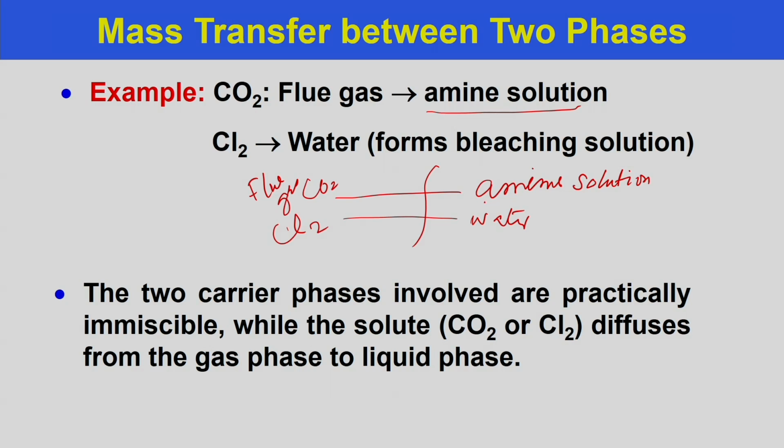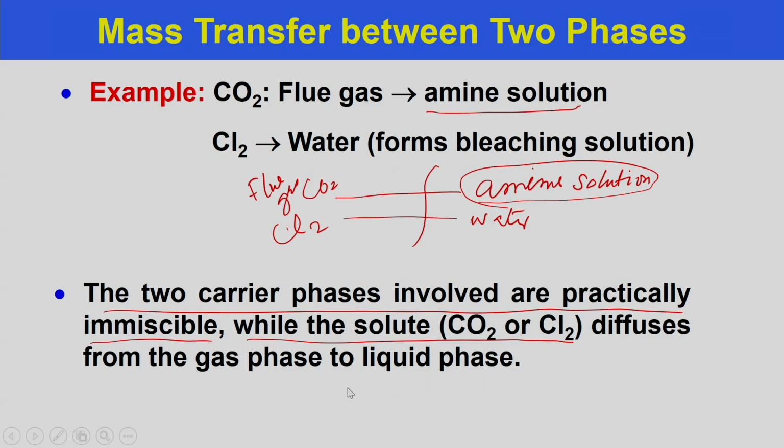If we do not want the absorbed carbon dioxide in the amine solution and we wanted to reutilize the amine solution, we heat it up, release the carbon dioxide, take it as a pure component and use the amine solution again for absorption. So, the reverse step is the stripping. The two carrier phases involved are practically invisible, while the solute, carbon dioxide or chlorine, diffuses from the gas phase to the liquid phase.